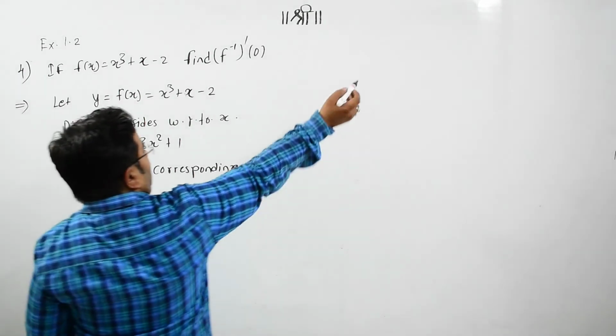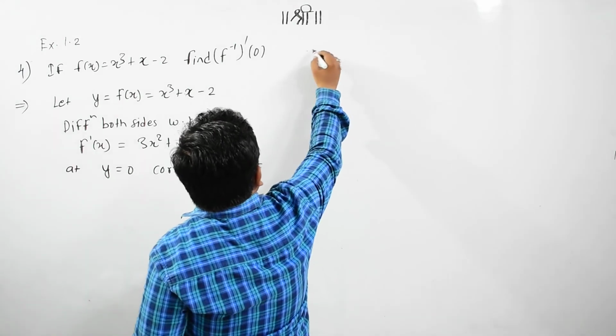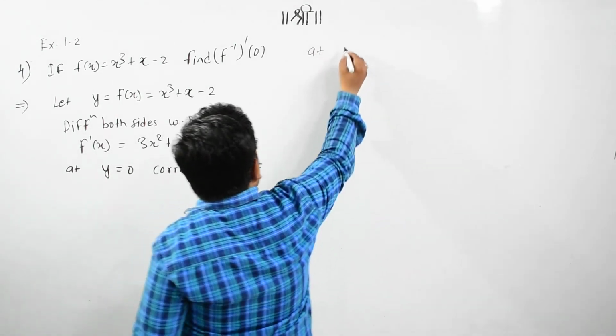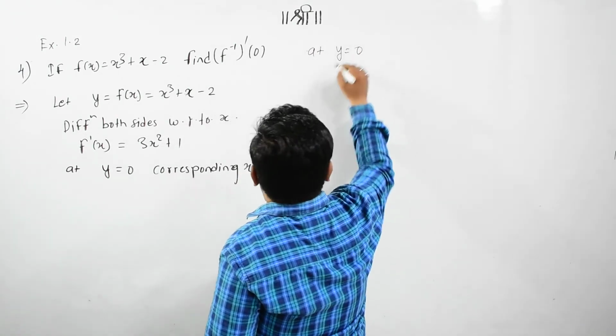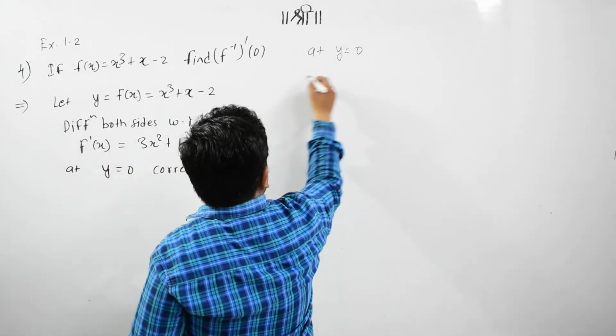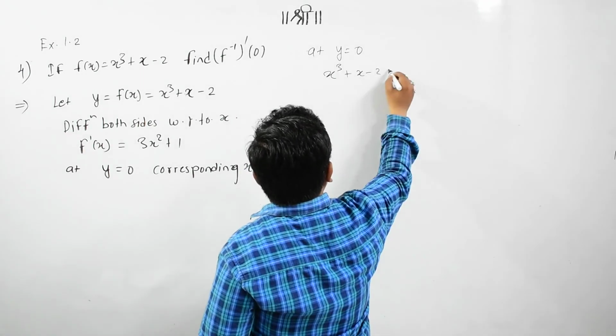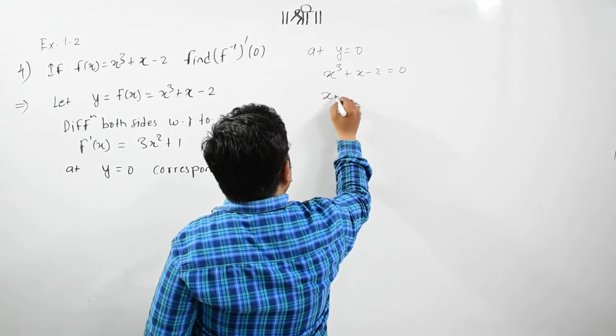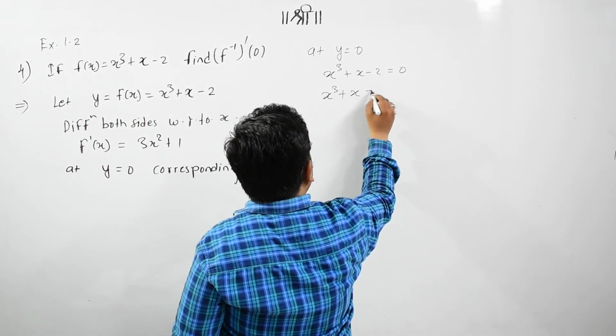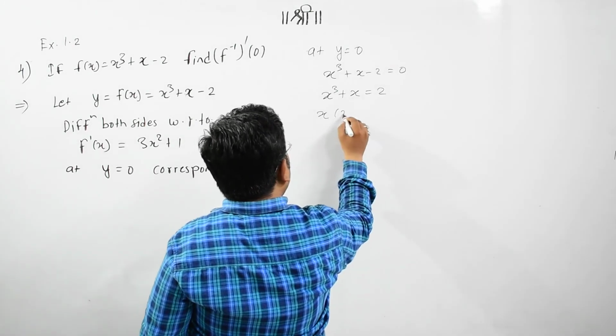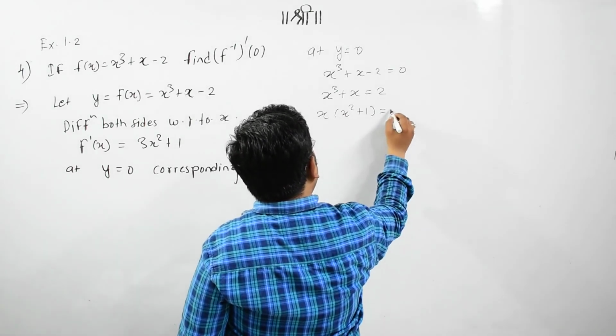So, I would like to perform one particular task here at y is equal to 0. So, y is equal to 0 means x cube plus x minus 2 is equal to 0. So, x cube plus x is equal to 2. So, x into x square plus 1 is equal to 2.